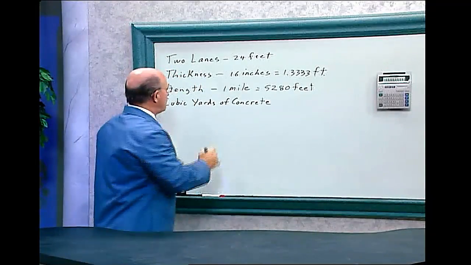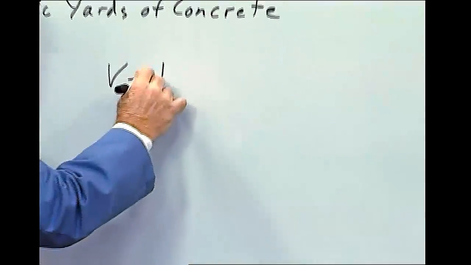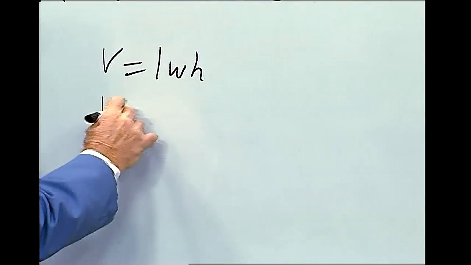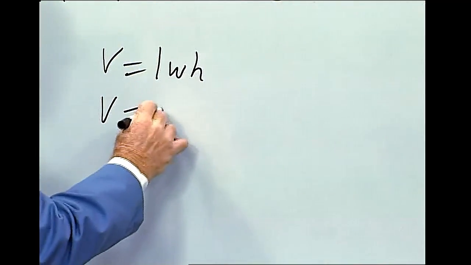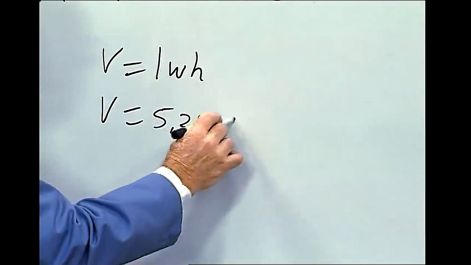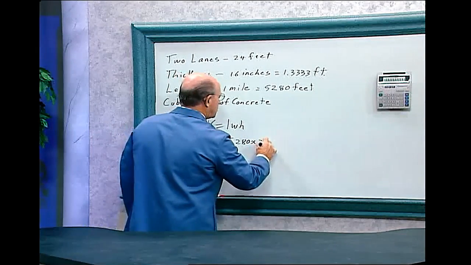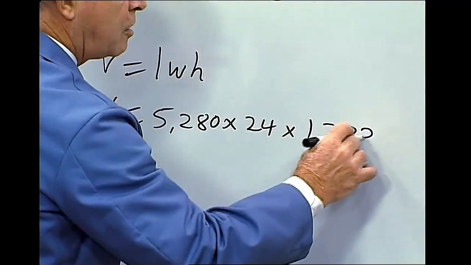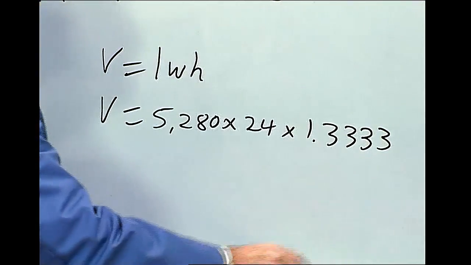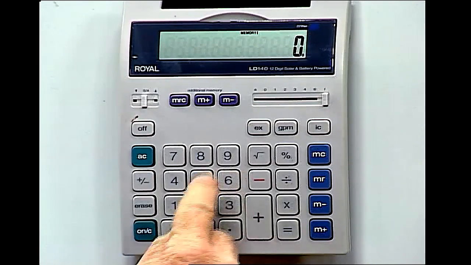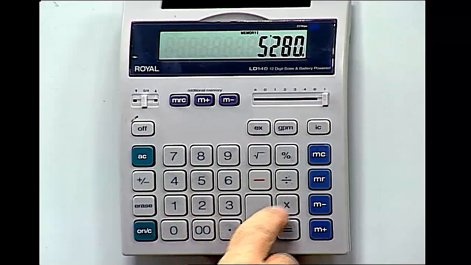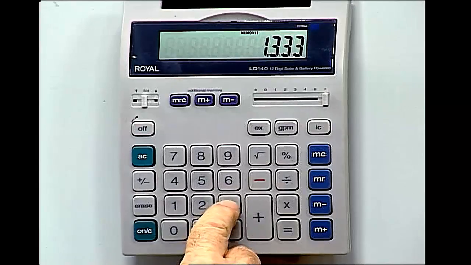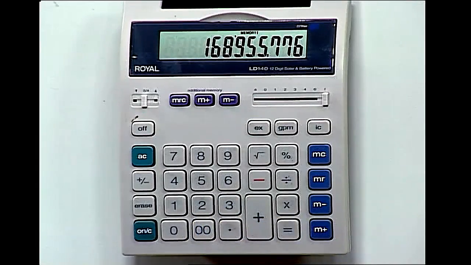So let's do the math. Volume equals length times width times height. So let's plug in the numbers. Volume equals the length is 5,280 times the width is 24 feet times 1.3333. 5280 times 24 times 1.3333 equals.